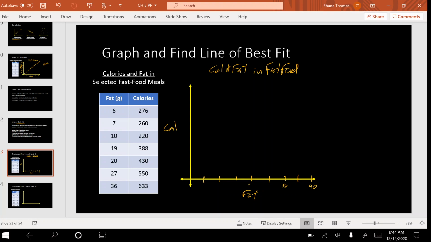For the calories, what would the graph be? Well, let's graph it and see what it looks like. All right, so we have 220 to 600. How do we want to space those out? Do you want to go by 100s?